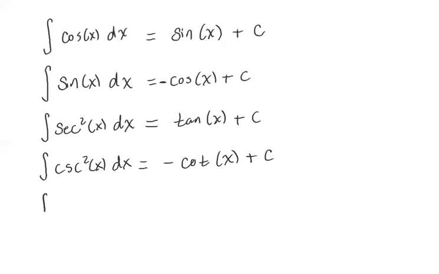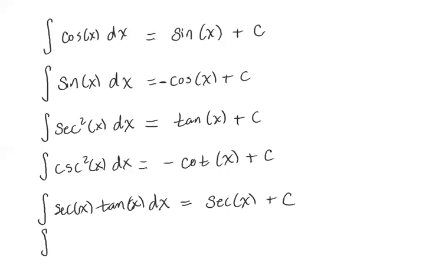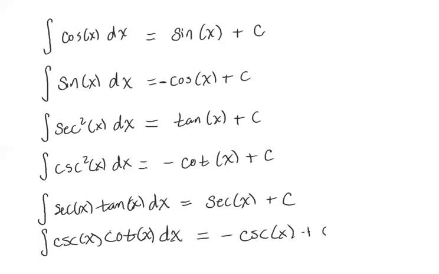moving on. What is the antiderivative of the secant of x times the tangent of x with respect to x? Well, the function that was differentiated to get secant tangent is the secant of x plus c. And finally, the indefinite integral of the cosecant of x times the cotangent of x with respect to x is equal to negative cosecant of x plus c.